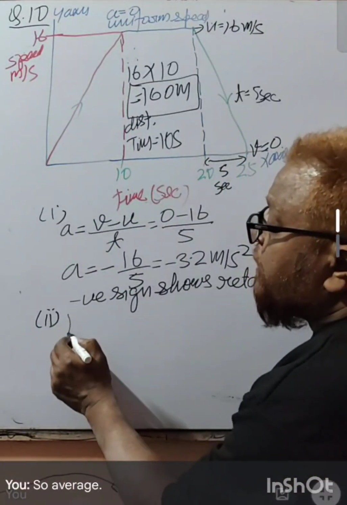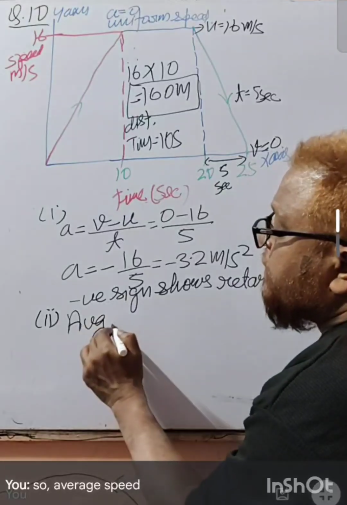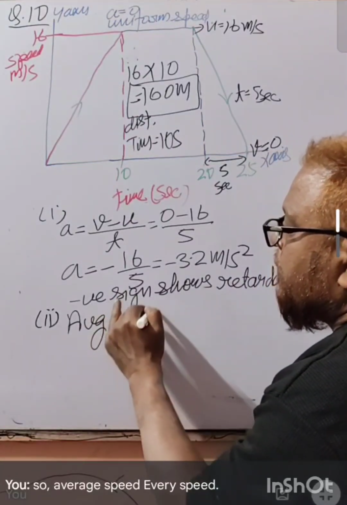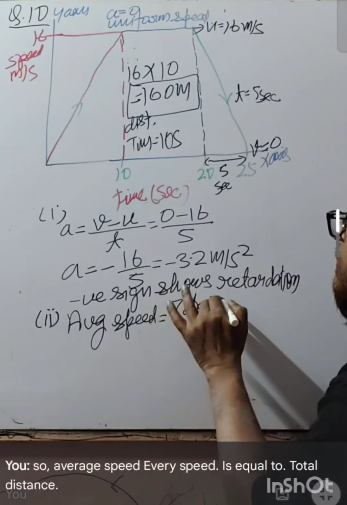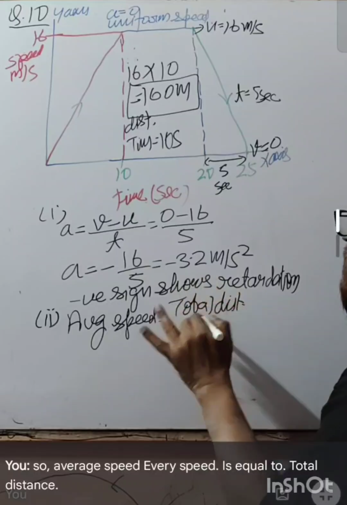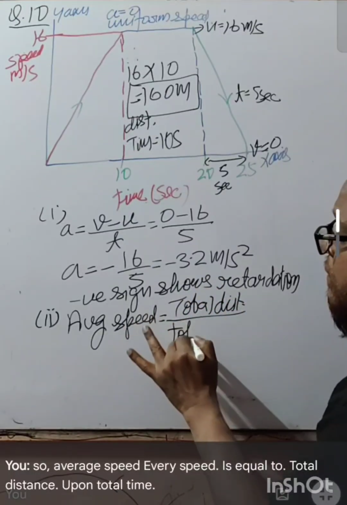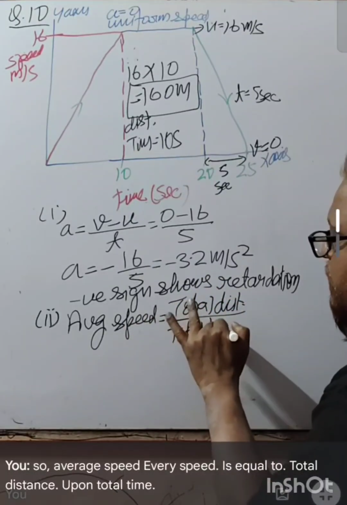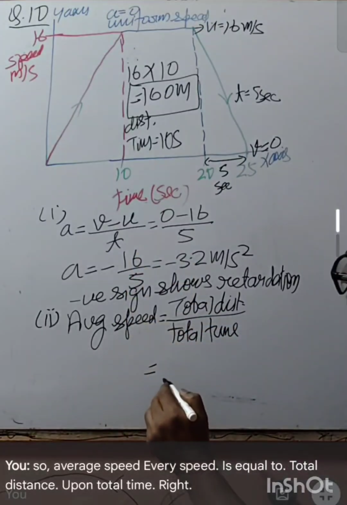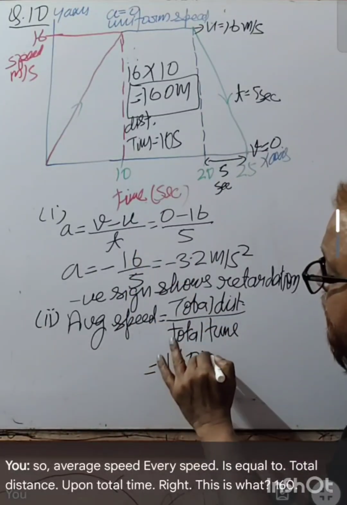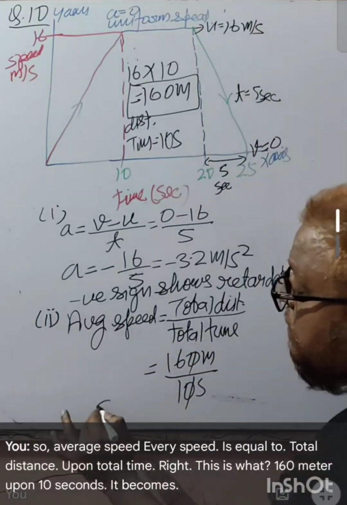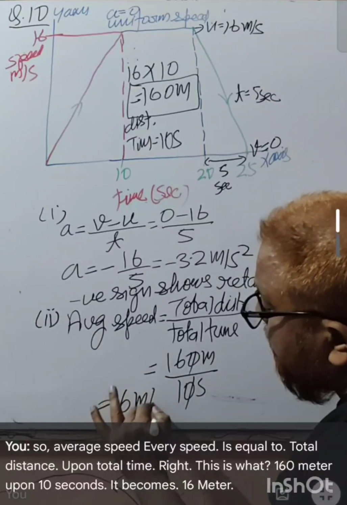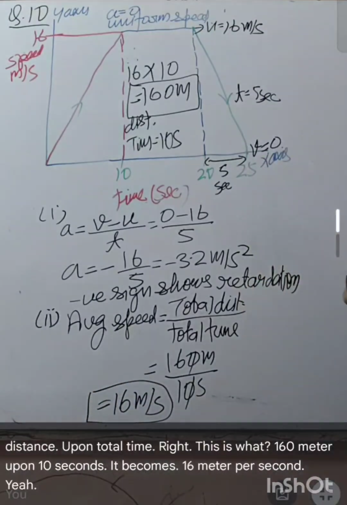So average speed is equal to total distance upon total time. This is 160 meter upon 10 seconds. It becomes 16 meter per second.